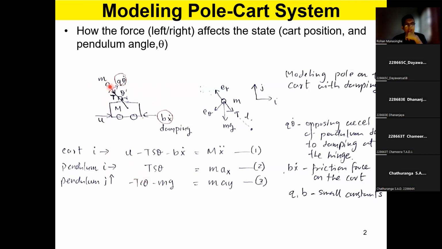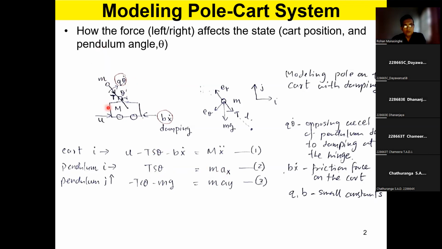The only force acting on the pendulum is T, like that, but you have to get the horizontal component, T sine theta. This is negative, this is positive. You can see that. That is the only force acting on the mass, which is equal to simply M times acceleration, which is AX, the x direction acceleration of the pendulum, right? Horizontal acceleration, AX.